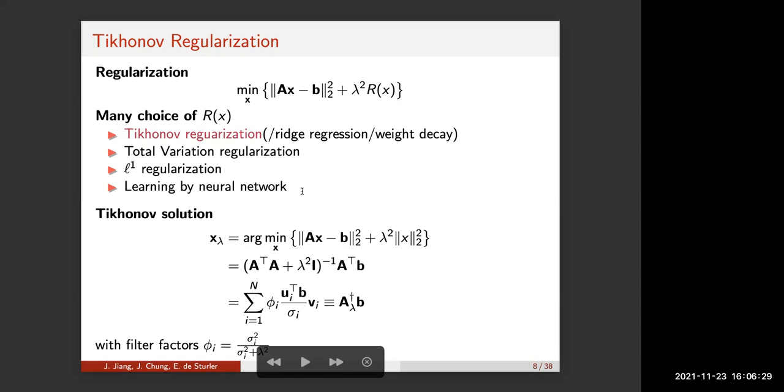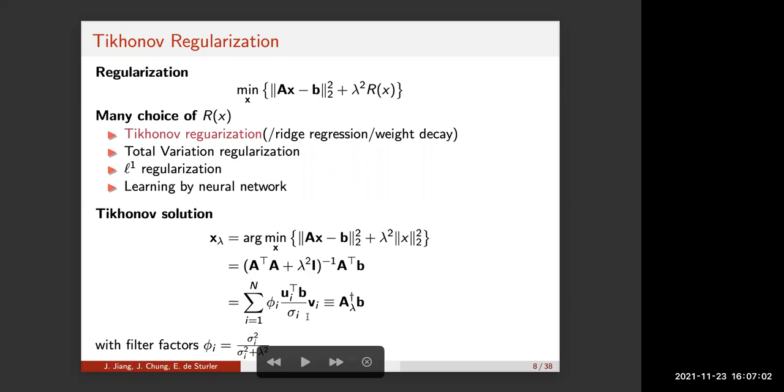And currently, many people also use data to learn what is an appropriate regularization for some specific problem, and they use a neural network to learn the regularization term R(x). In this work, we focus on the Tikhonov regularization. If we know the regularization parameter lambda, the solution of the Tikhonov regularization will be represented like this.